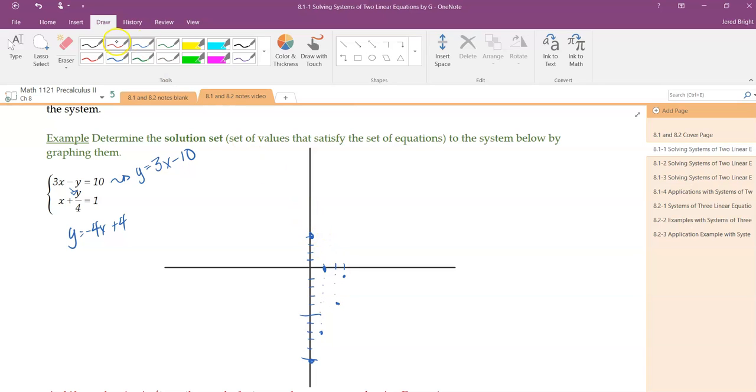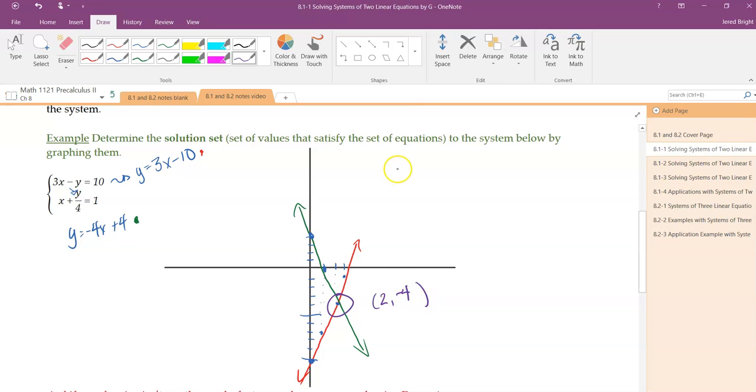Our first equation, if I graph this in red, would be something like this, and our second equation, if I graph that in green, is going to look something like this. Graphically, I think I found their point of intersection, which appears to be when x is 2 and y is minus 4.